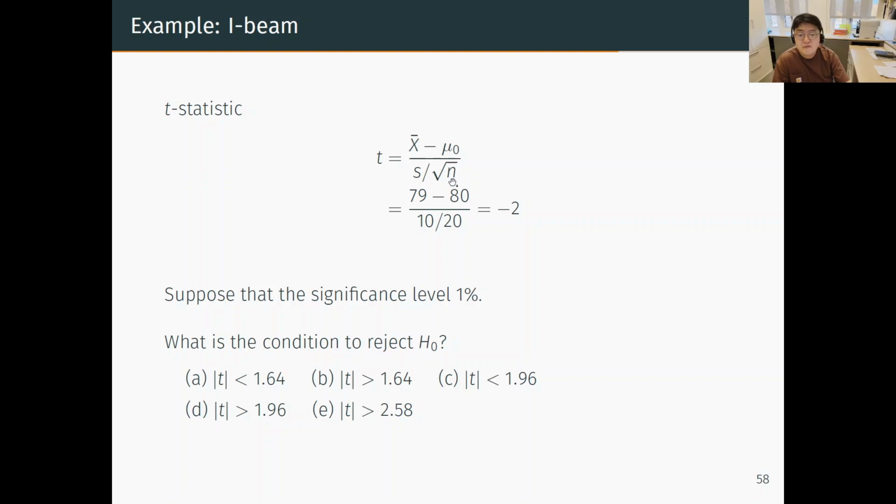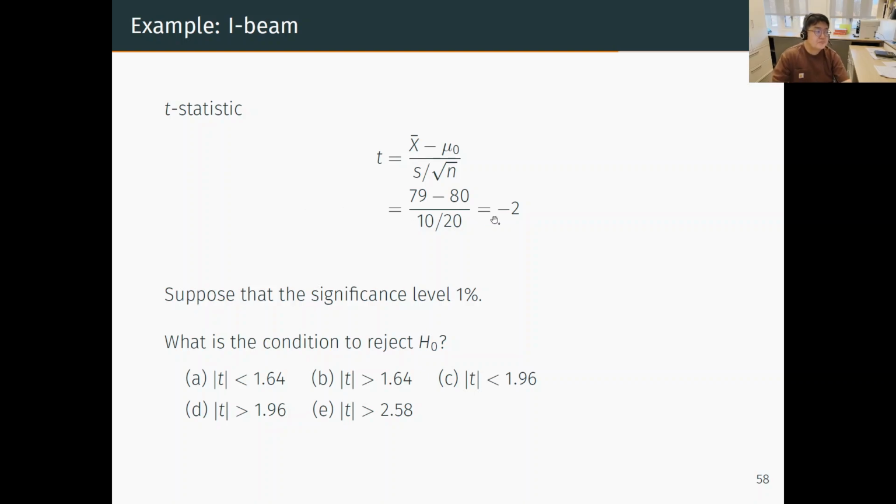The square root of 400 is 20, so the standard error is 10 over 20. If you calculate this simple algebra, you get -2. That is the t-statistic. That means what you get is 2 standard errors below what you assumed, right?